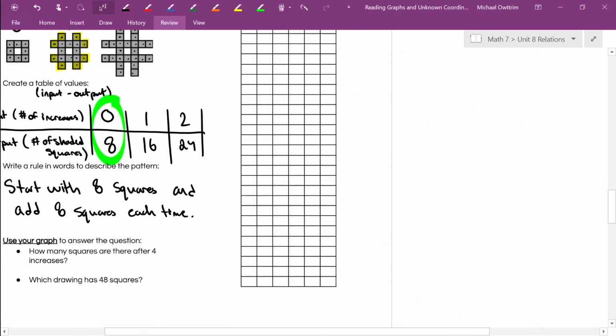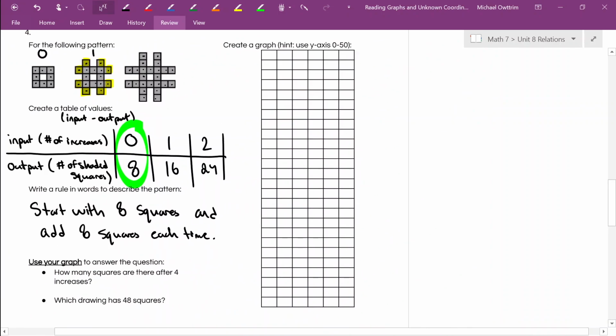Okay. In terms of our graph, we need to get up to about 24 on our y-axis, or our output, and only 0, 1, and 2 on our input. I'm giving you a hint to use a y-axis 0 to 50, and we can do that by counting by 2's. So I'll start with my y-axis here. I don't really have any negative values, so that should be fine. My x-axis here.